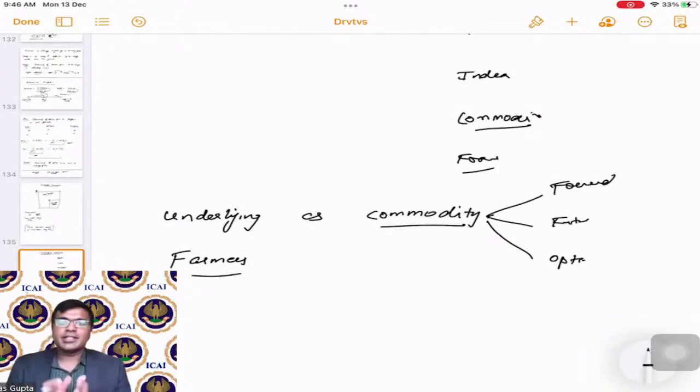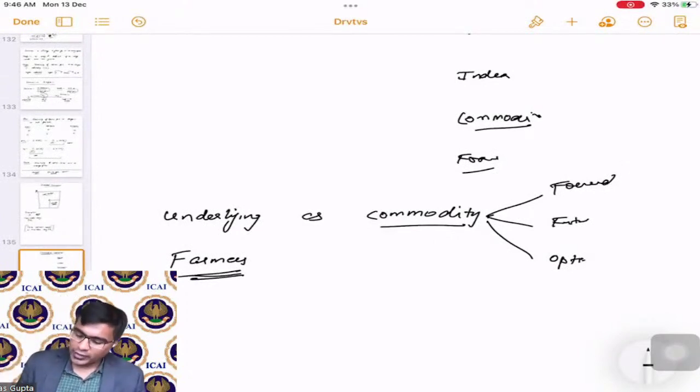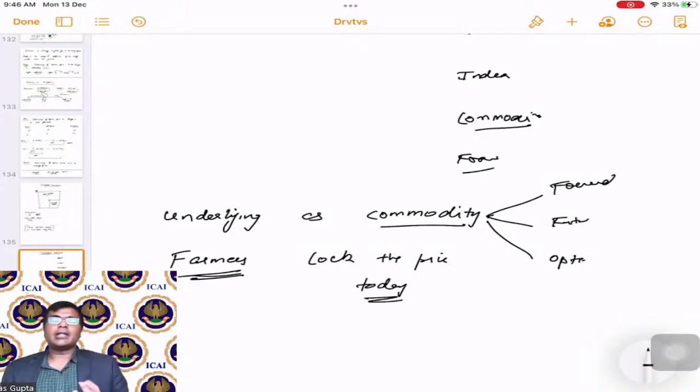All the concepts we have studied on valuation will apply here. But typically, a farmer would enter into a forward contract in which he locks the price today. Using that price, he will do the transaction after 6 months.